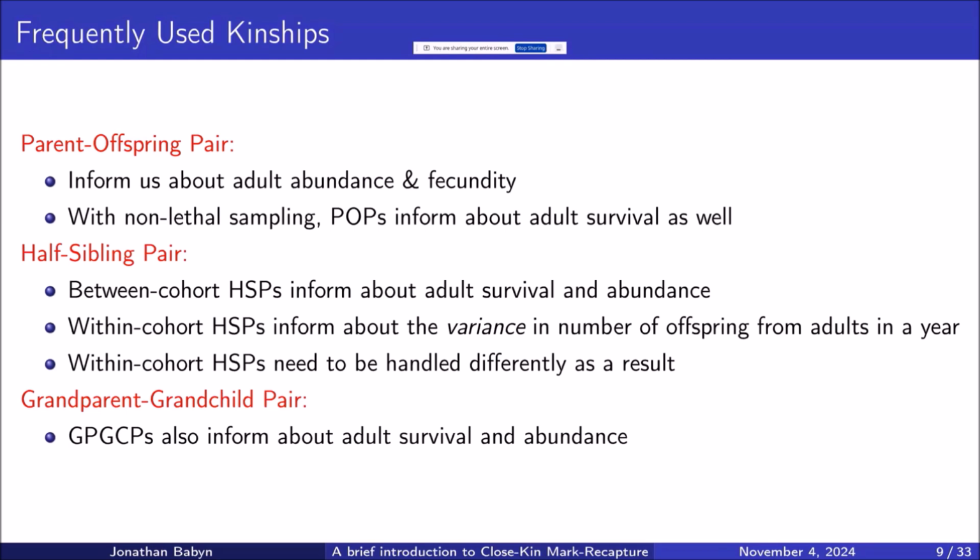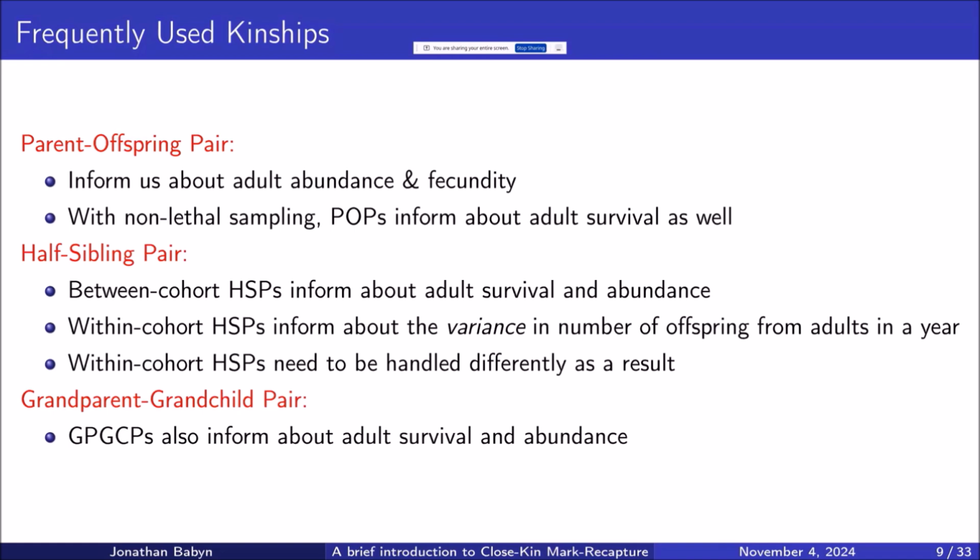If you're wondering why it's half-sibling pairs and not full-sibling pairs, it's because in populations with random mating, you're not going to typically find a full sibling. In fish, for example, it's not even worth thinking about full siblings, so they just consider half siblings.